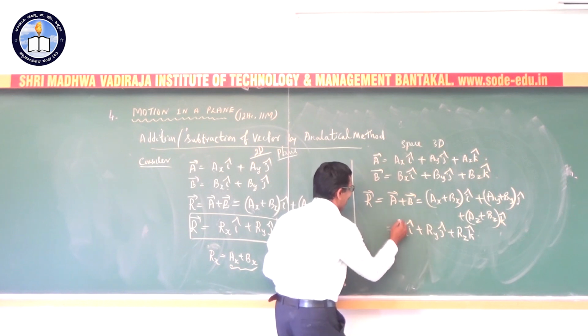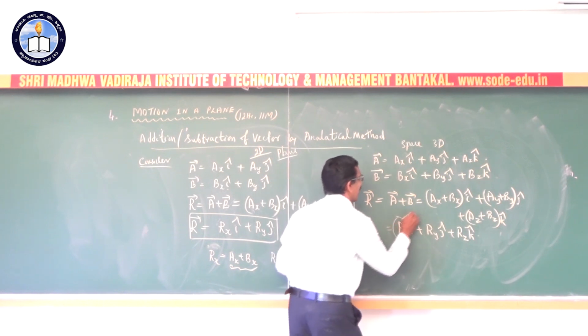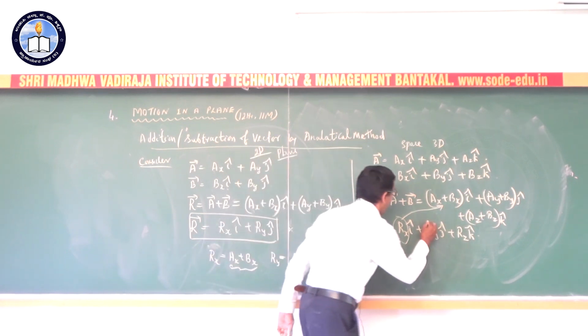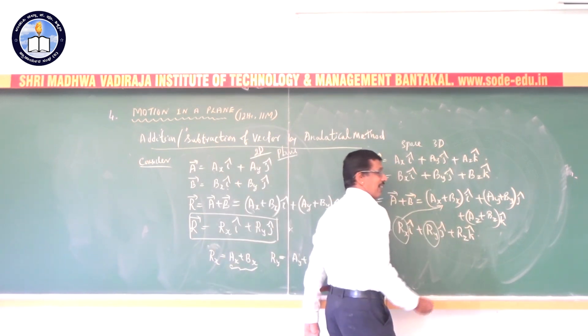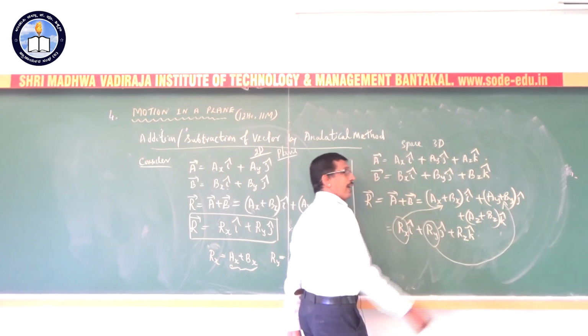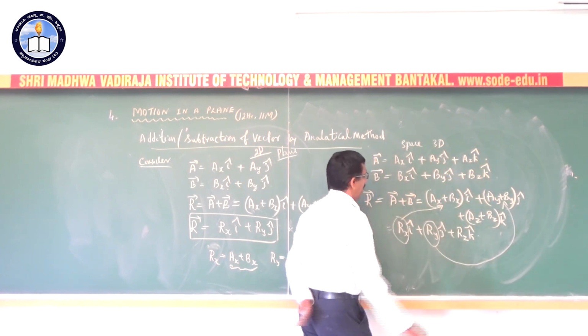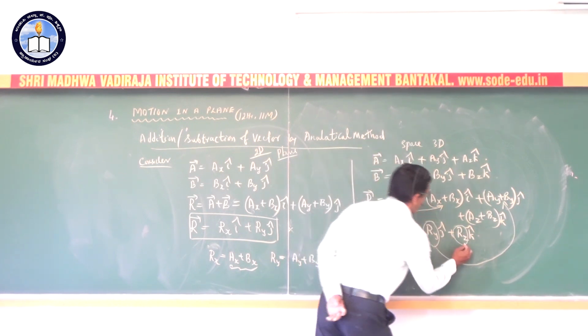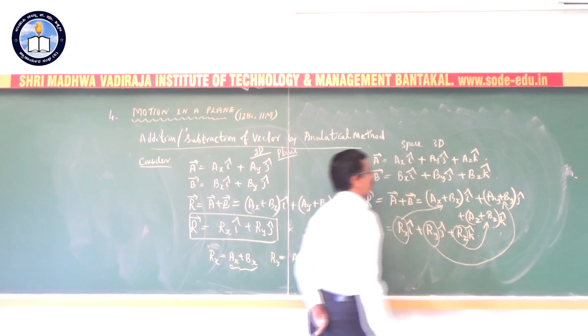What is rx? Rx is nothing but ax plus bx. What is ry? The y component of the resultant, which is nothing but the sum of the y components of A and B. And what is rz? Rz is nothing but the sum of the z components of the 2 vectors.